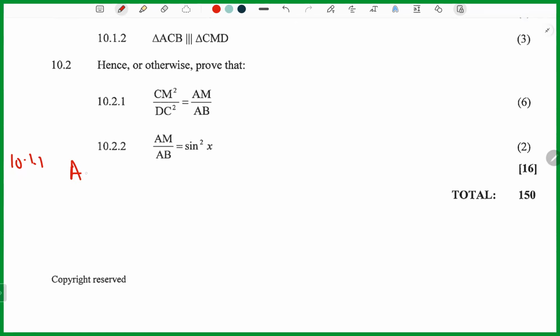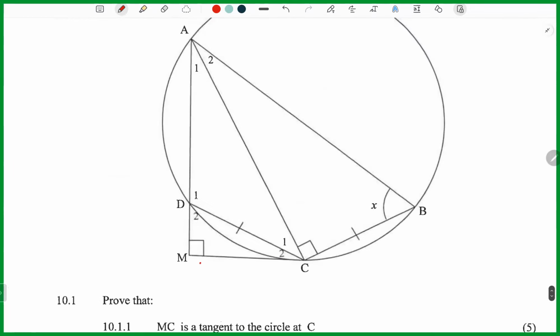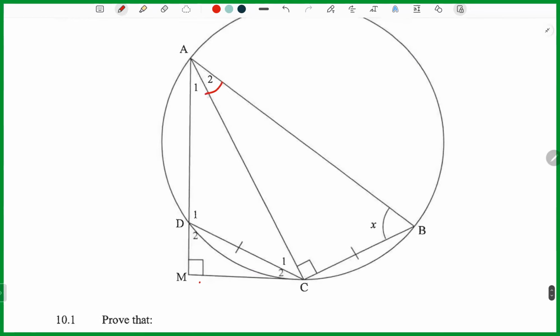We realize that angle A2 is equal to angle A1, and it is equal to what? Okay, this angle is 90 degrees minus x.